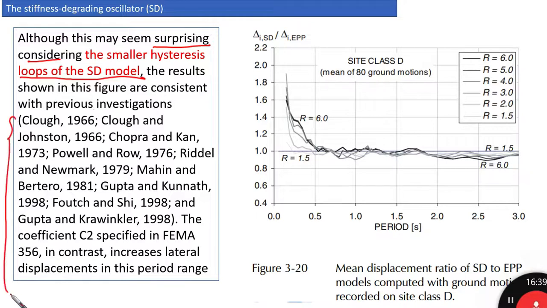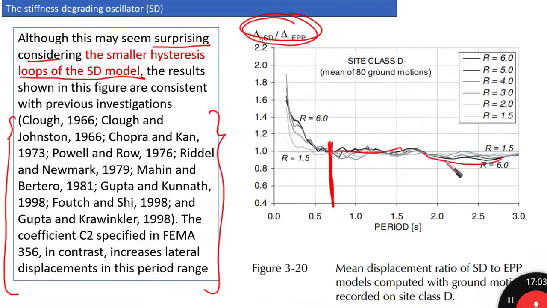All of these previous studies are giving the same results, confirming that the ratio between delta SD and delta EPP after 0.6 is going to be almost the same, or maybe a little bit less.